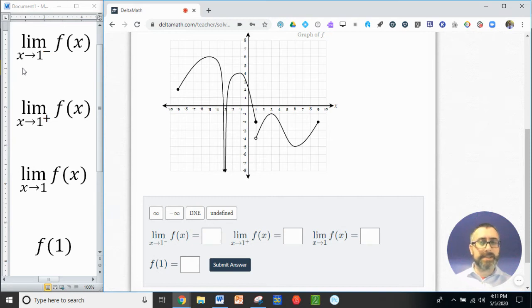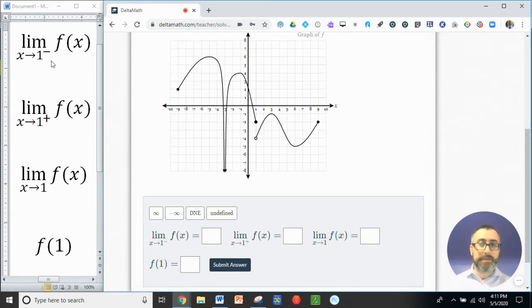First, I'm going to think about the limit of f of x as x approaches 1 from the left. If we think of this as a roller coaster, we are moving around this function from left to right on our x-axis.